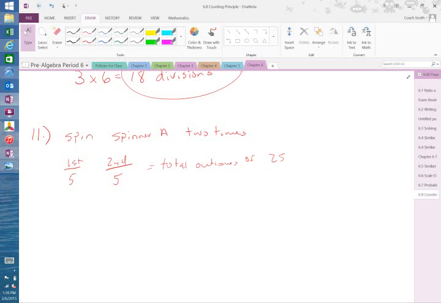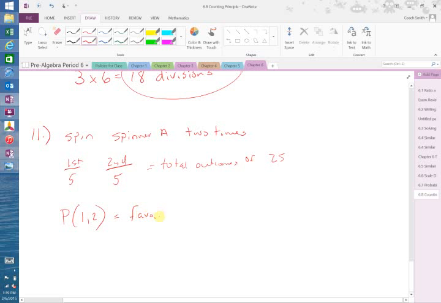Now, what they want us to do is take that information, plug it into our probability formula, and find out the probability that I'm going to land on a 1 and then a 2 in the second one. Okay? So they want the probability of 1 and 2 in the 2 spins. Would anything else work? No. So there's only one favorable outcome.